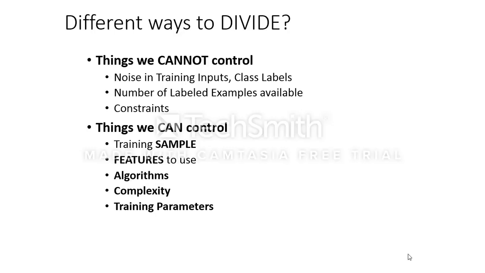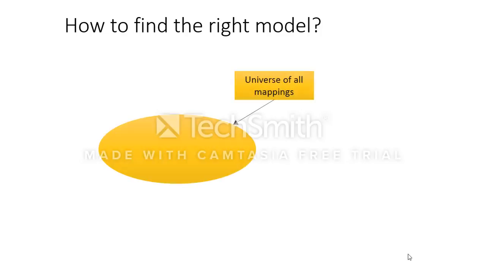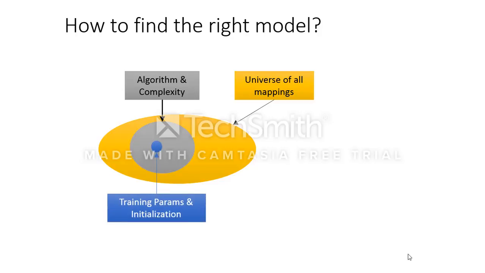Here, when I say complexity is different and training parameters are different, I can have the same complexity and same algorithm with different training parameters like learning rate and different initialization. My models become very many.